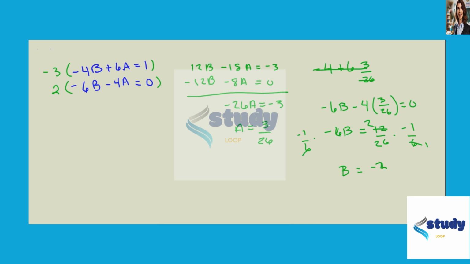So our general equation that we started with on the first page was c sub 1 e to the 3x plus c2, plus 3/26 cosine 2x, minus 1/13 sine of 2x.